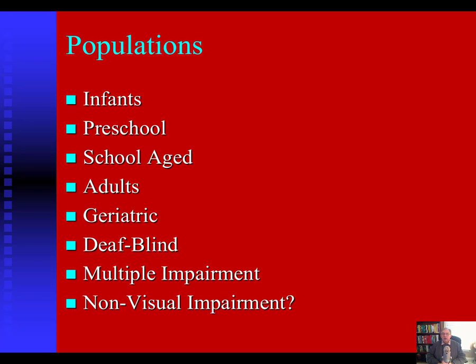All right, let's talk about the populations that orientation and mobility specialists serve. Well, oftentimes we will serve infants and toddlers. But often when that's the case, we're working with parents. The role may be overwhelmingly working with parents, with some of our work directly with the child. We help the parents value their child.